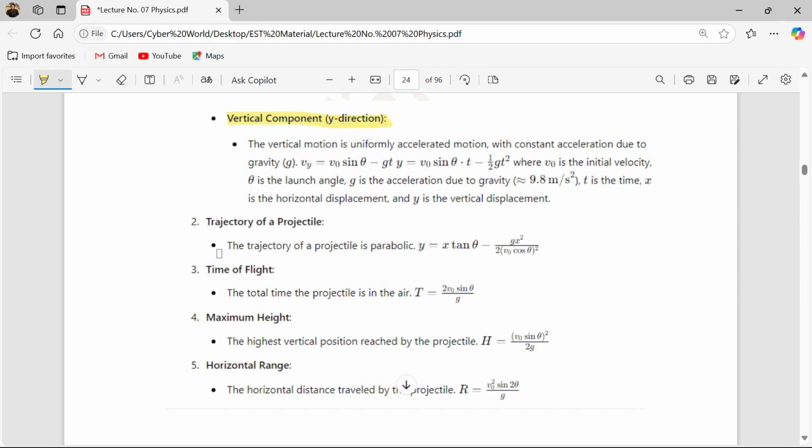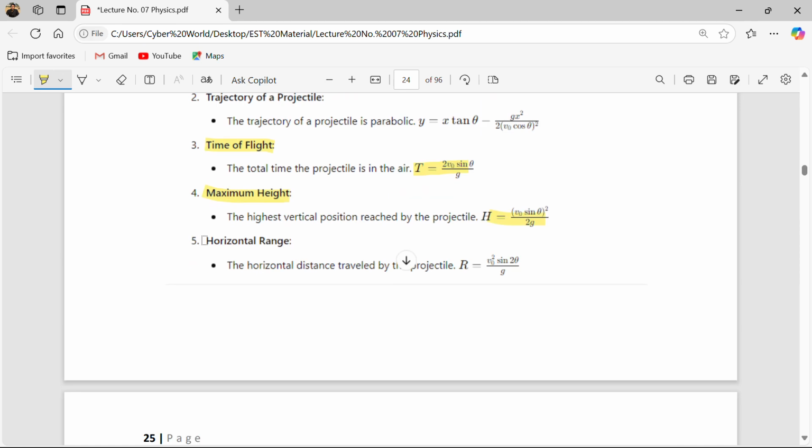You have to remember these three formulas: time of flight, which is this, maximum height, which is this, and the range formula, which is this. So keep remembering these formulas.